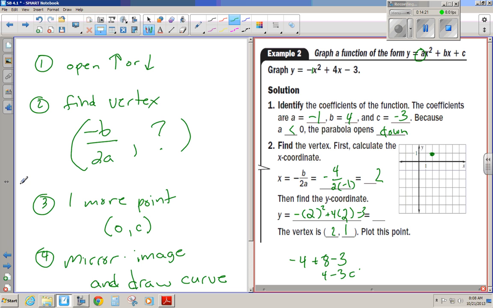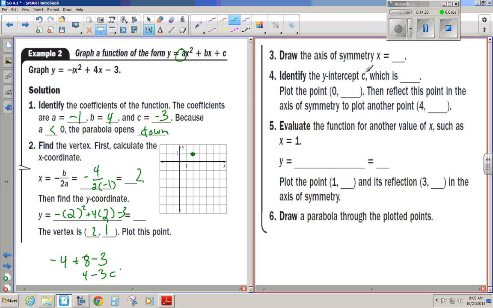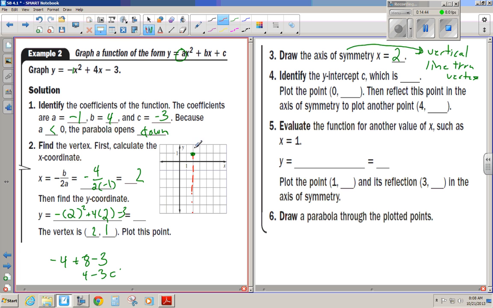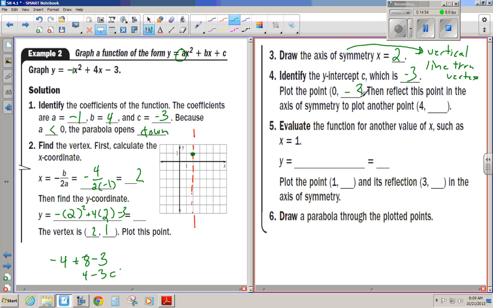We need now a second point. Draw the axis of symmetry at x equals 2, because the axis of symmetry is a vertical line through the vertex. That's the axis of symmetry. The y-intercept c, which is negative 3, means that you can plot 0, negative 3.